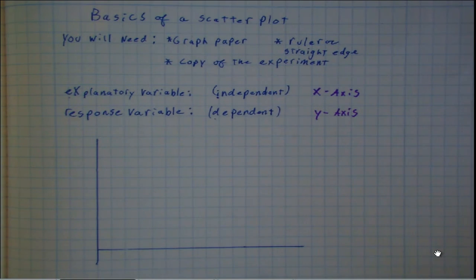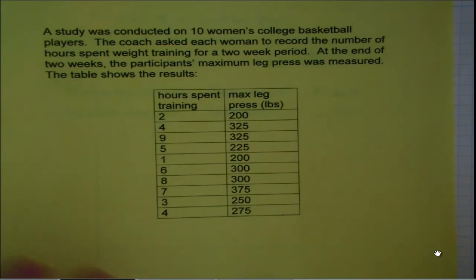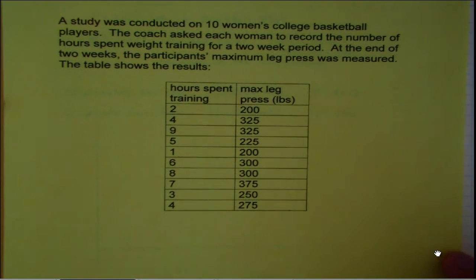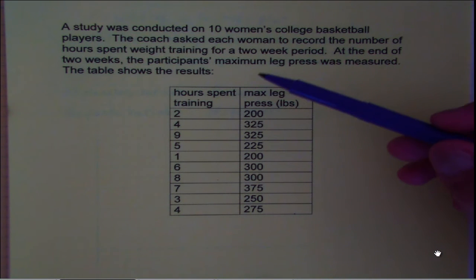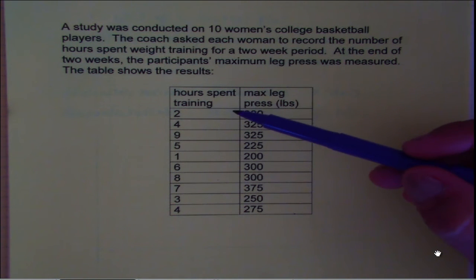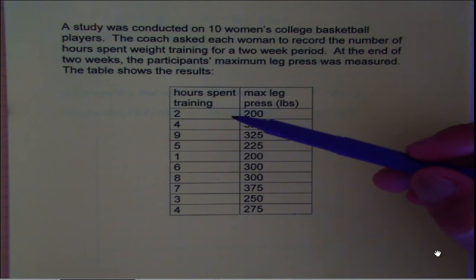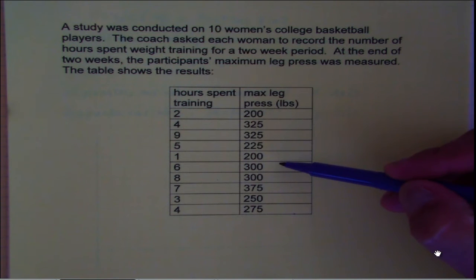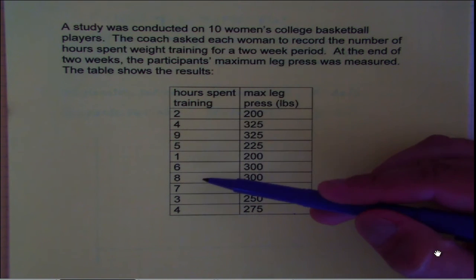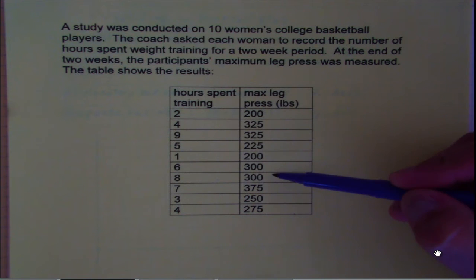All right, so let's look at the study and find out what's the explanatory and what's the response variable. The study is talking about hours spent resistance training, weight training. When someone does a certain amount of hours, after 2 weeks, they look at their max and then they get one of these. So you can see that this is input, this is output.